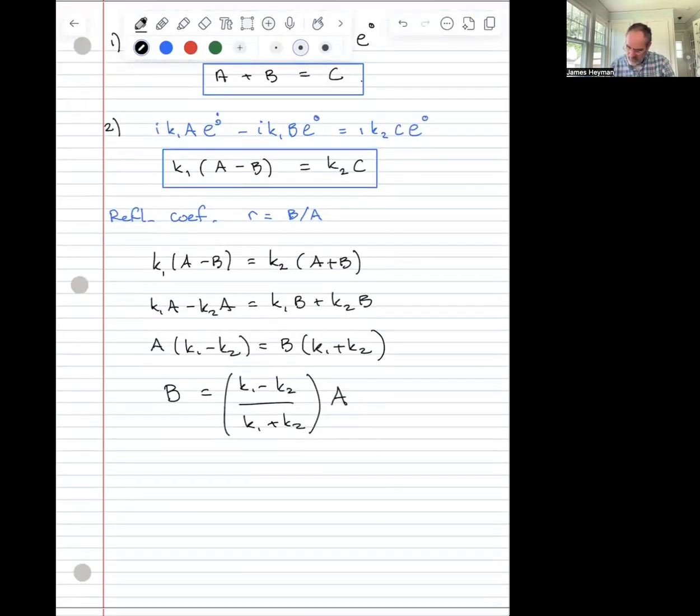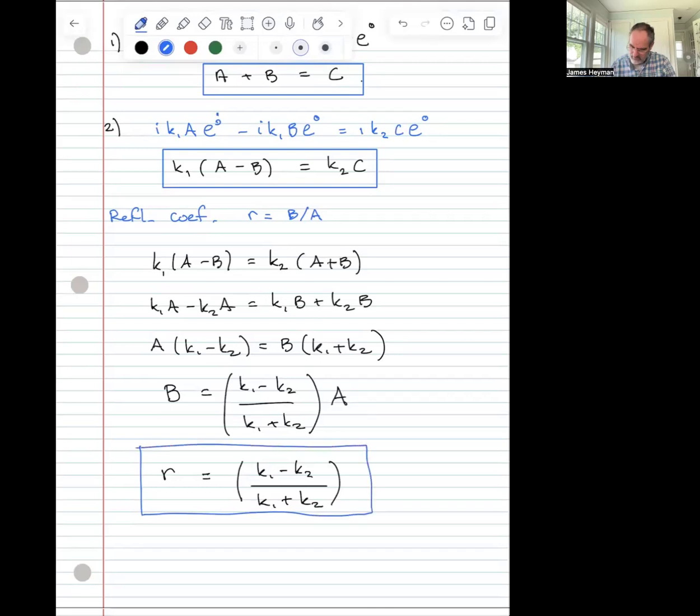Or if you like, B over A, the reflection coefficient, is equal to (k1 minus k2) divided by (k1 plus k2). Okay, that wasn't so bad, was it?